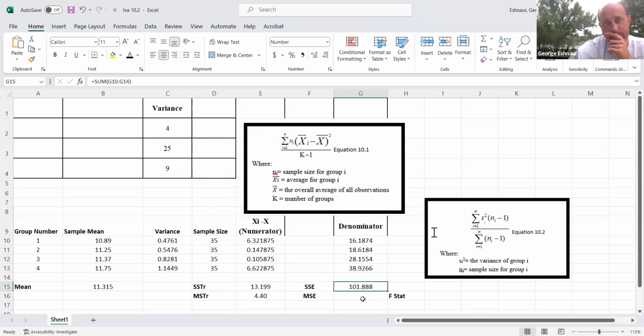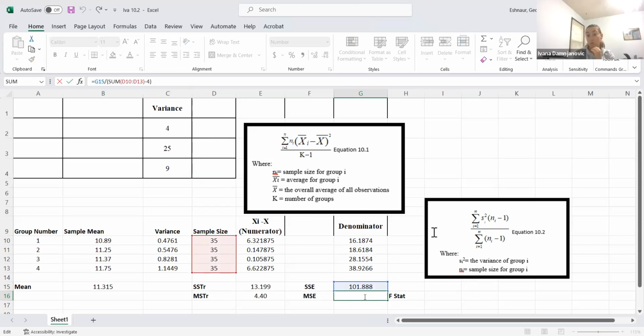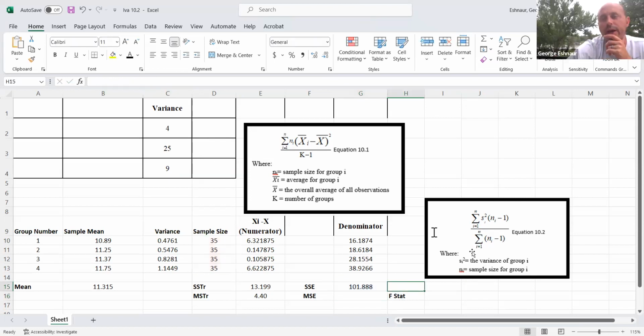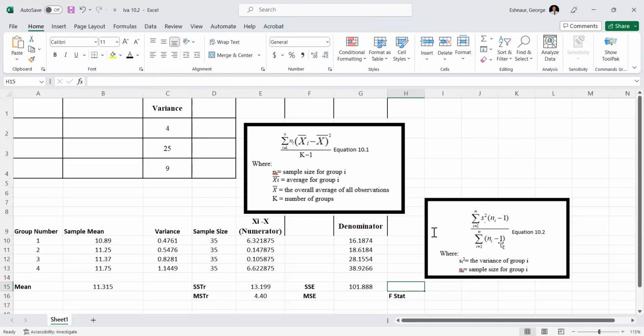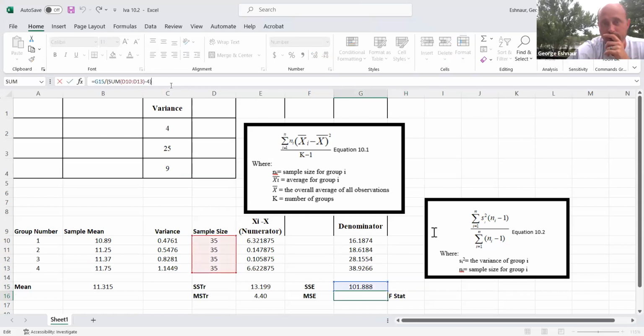That's how I did it, and I got it right though, George. Hold on, I'm just talking about this; I don't want to divide this yet. So what did you do on that one? Just summed all the samples. Okay, good.